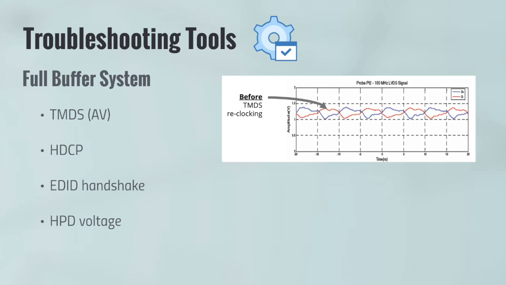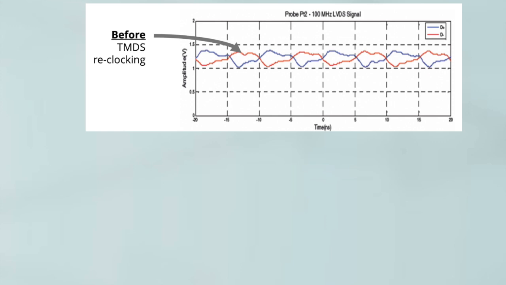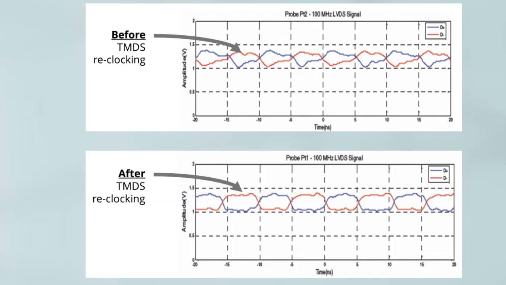Because Key Digital does not live in the world of short-length cables and one-to-one connectivity, all of our products with full buffer system, including the distribution amplifiers discussed in this course, feature TMDS reclocking. So the ones, the red and blue lines of this scope capture, and the zeros, the open space between the red and blue lines, can be reclocked, providing essentially a brand new image on the output of our product, making it clearly interpretable by the display.